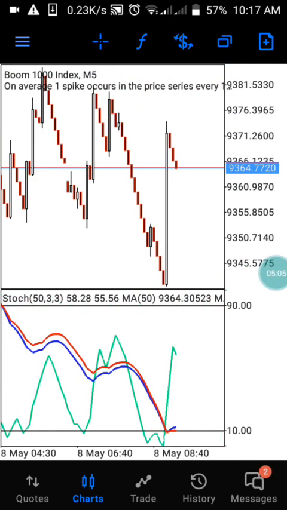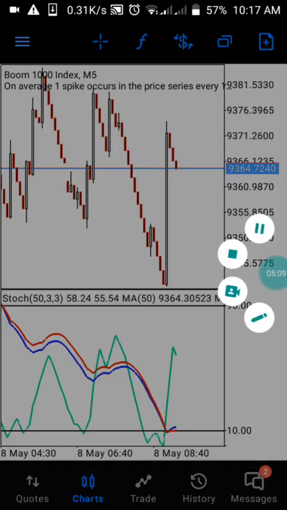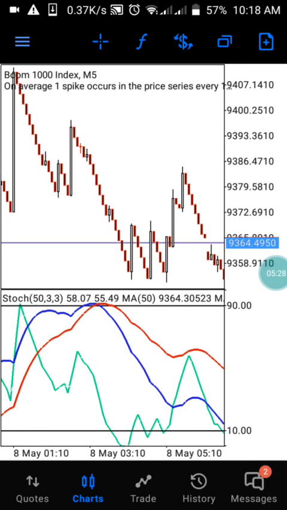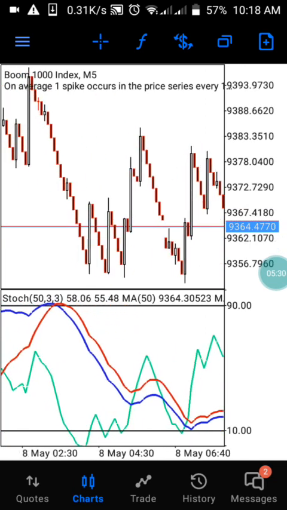You can also use this strategy to catch a spike. What you just need is, when the moving average is ranging below the 10 level, then you know that this particular strategy is going to give us a spike very soon, and the moving average is respecting that zone too. Like something that happened here, if you keep checking, you see the same thing always happens.